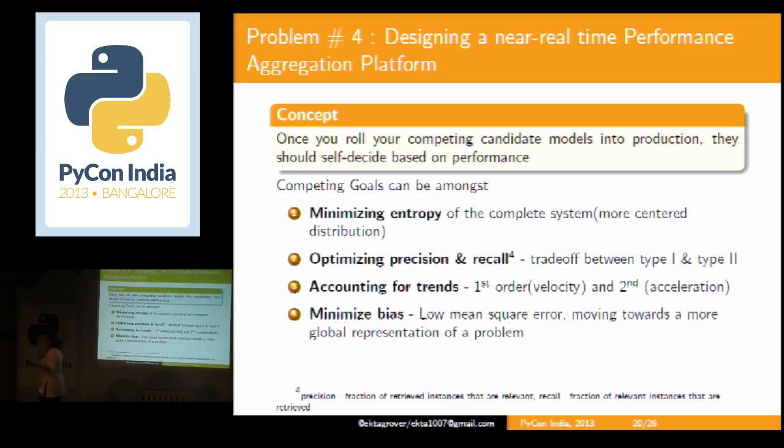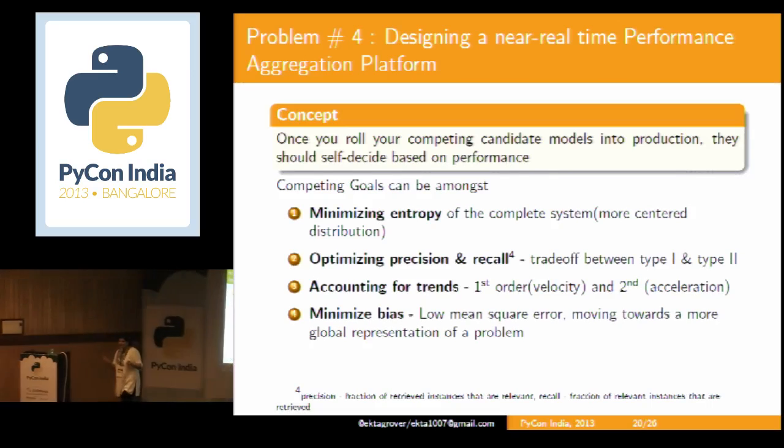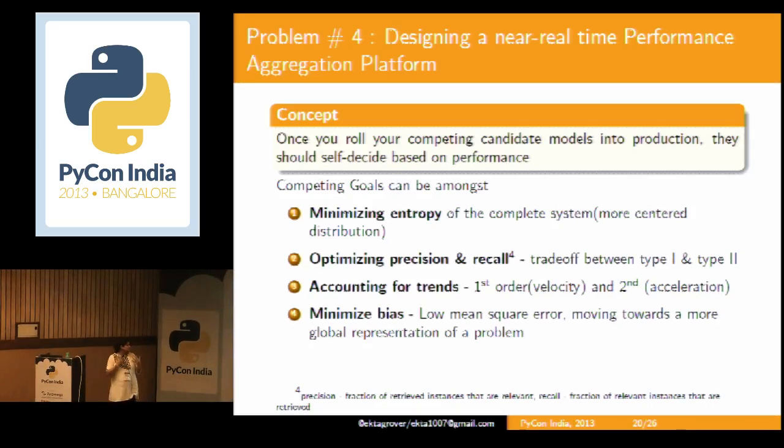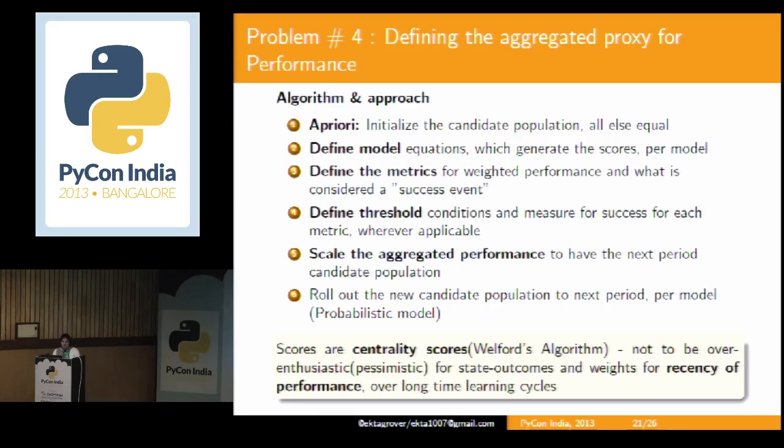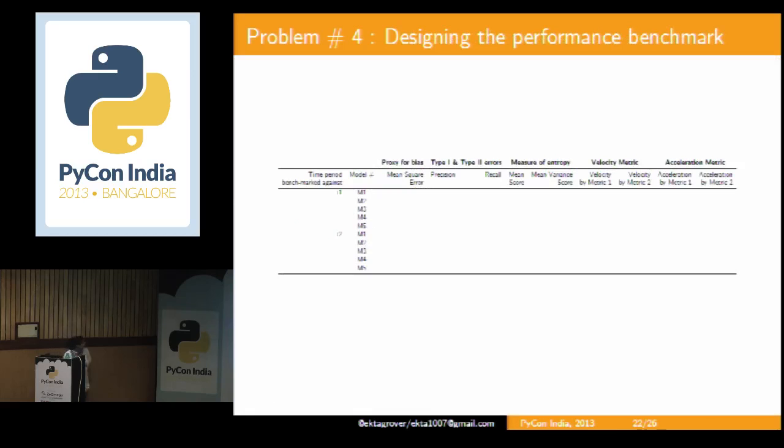Or I might want to penalize if my model does really bad on a certain data set as opposed to really good on another. Which is where I want to look at minimizing the bias. Now, this is just one way you could define your metric.